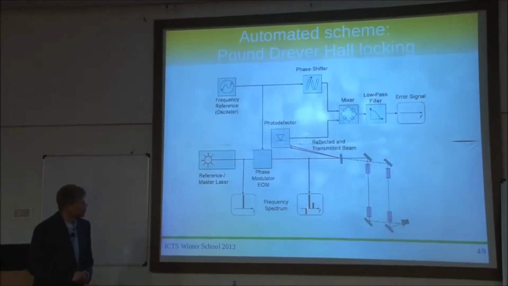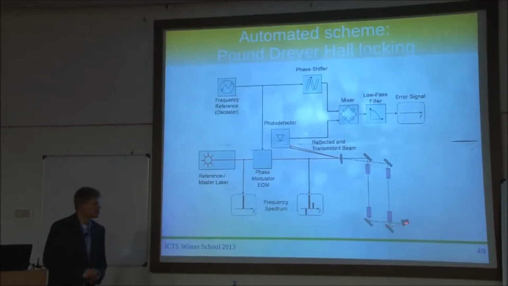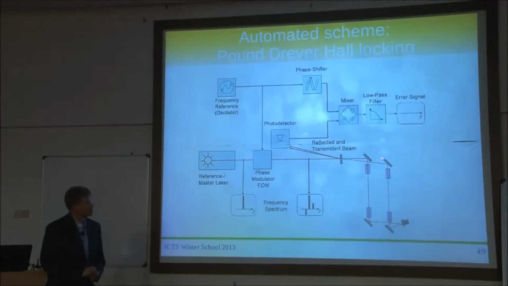And the carrier, this main peak, depends on where that piezo mirror stands. If you're right on resonance, then the carrier goes into that cavity. If you're slightly off, then part of the carrier light is sent into this oscillator, and part is reflected.